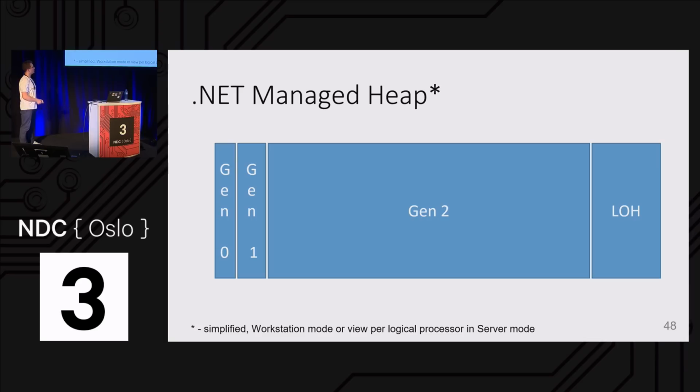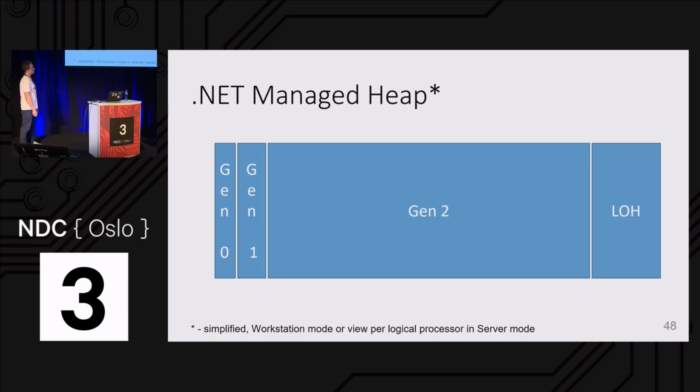And this model works great for short-living objects. If you think of a web application, a web request starts and ends, and most probably any memory that you have allocated during handling of this web request should be cleaned up. This is why Gen 0 is very small, to have very fast collections of a small space of memory. But the long-living objects are supposed to live in Gen 2, which is very big, and it's really time-consuming to clean it up.